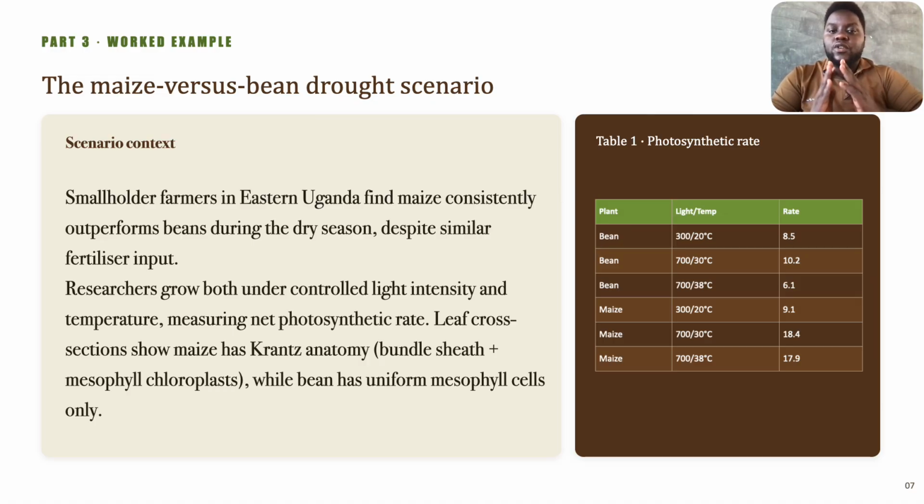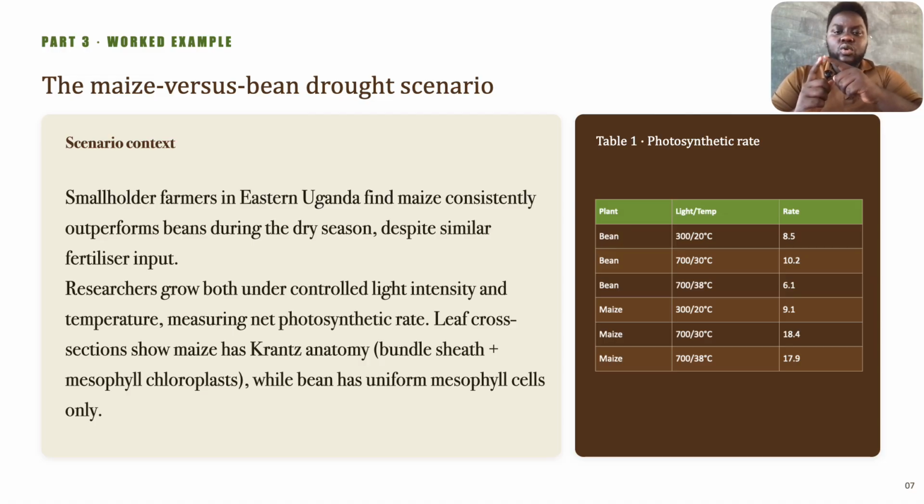Beans have uniform mesophyll cells only, which tells us that beans are standard C3 plants. Immediately from the leaf structure alone, we know that maize is a C4 plant and that beans are a C3 plant. Do you see it? This single fact is going to drive most of the answers that we are going to write in this particular scenario.